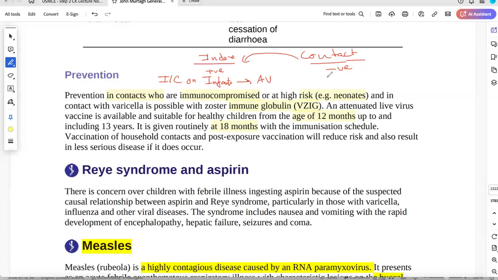Usually for a healthy contact, there is nothing you need to do. But if there is a contact who is immunocompromised or a neonate, just a newborn, for them you would give varicella zoster immunoglobulin so that they don't end up getting the infection. Okay? So that's the idea of all of these things.